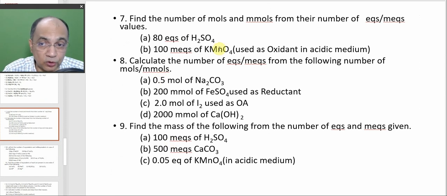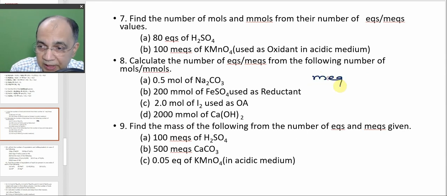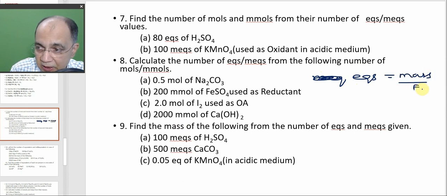You have to convert it to moles or millimoles. Masses are given, convert them to moles, equivalents. Equivalents or milliequivalents are given, and you are asked to convert to mass. So all these things, to put it at the end, I tell you: the number of equivalents is equal to mass by equivalent mass.